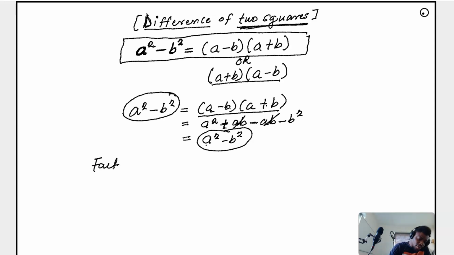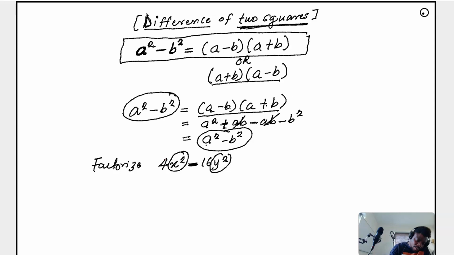Now, let's check some questions out. Let's assume you're asked to factorize 4x squared minus 16y squared. Here you have two variables, x squared and y squared, and this is subtraction, so this is difference of two squares.